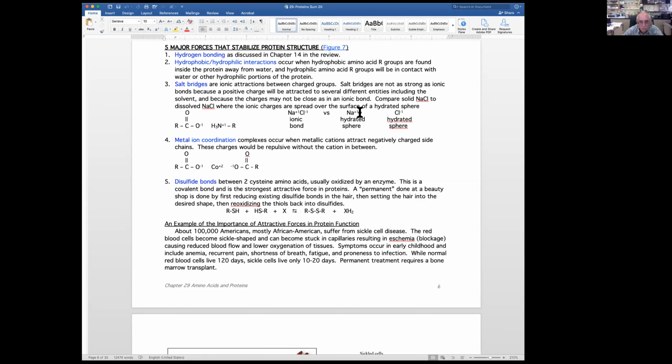So the attraction is much less, but it could still be an attraction. Here's another example of metal ion coordination. So why do we need cobalt as a trace mineral? There you go, right there.